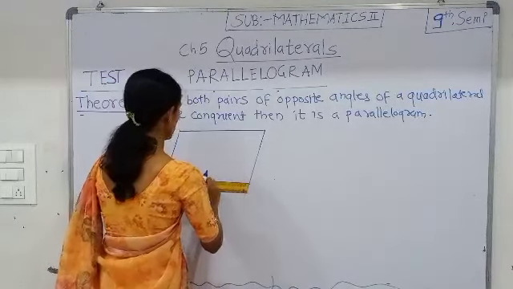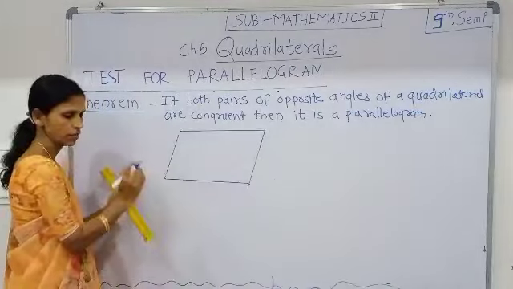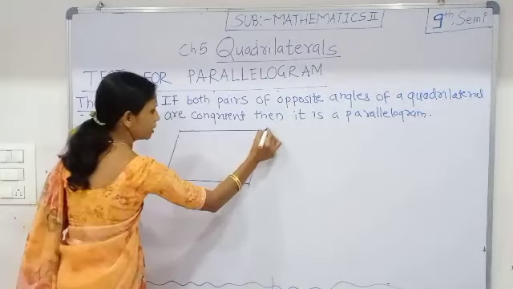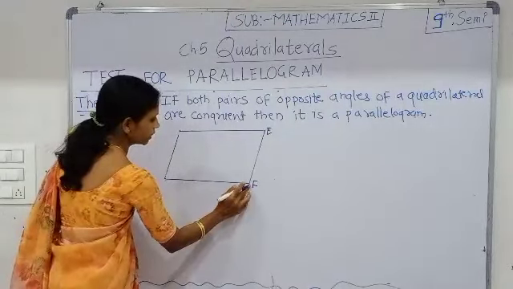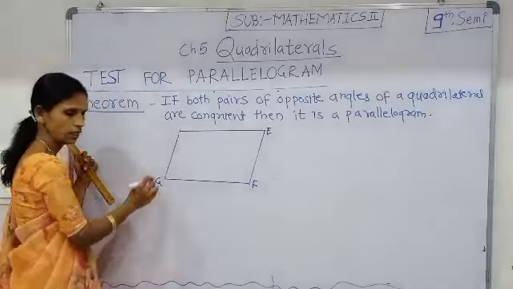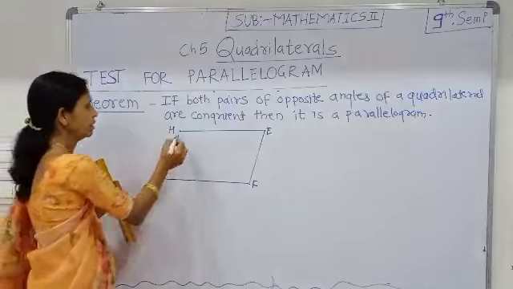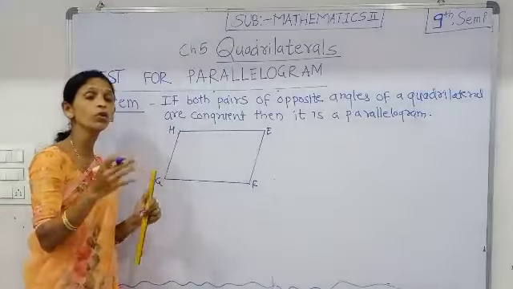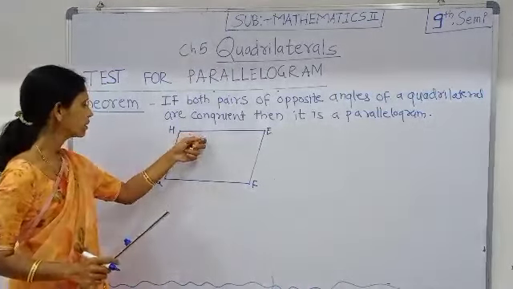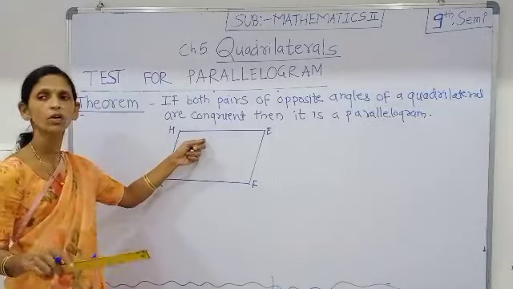Consider EFGH is any quadrilateral. That means we don't know whether the given quadrilateral is a parallelogram or not.